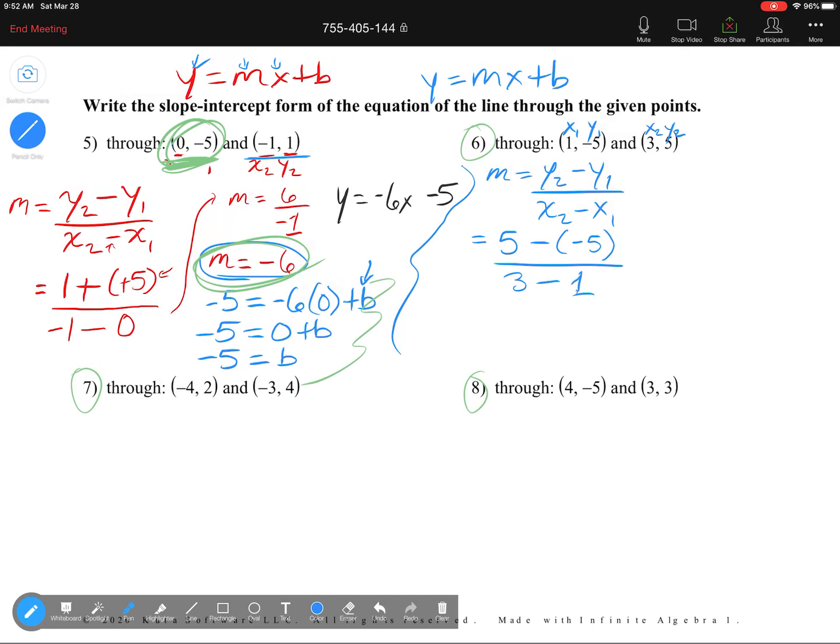Simplifying things further, we end up with 5 minus negative 5. When we see that double negative like that, we're going to go ahead and add and end up then with 5 plus 5 is 10 on top. Whereas on the bottom, we have 3 minus 1, which comes out to be 2. And so, simplifying things further, we see that our m comes out to be 5. 10 divided by 2 comes out to be 5.